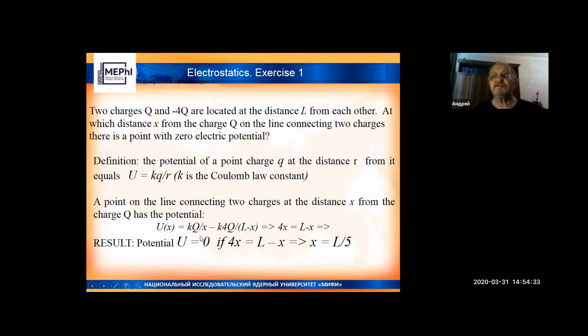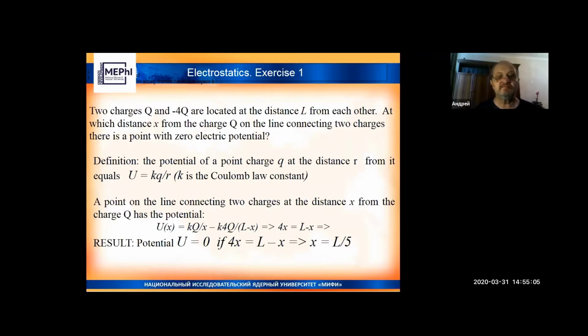And the potential generated by the negative charge at the same point, this is important, is minus 4 K Q divided by L minus x, because the charge is negative, it is 4 times higher in value than the positive one, and L minus x is exactly the distance between the negative charge and the point, since the distance between the two charges equals L.